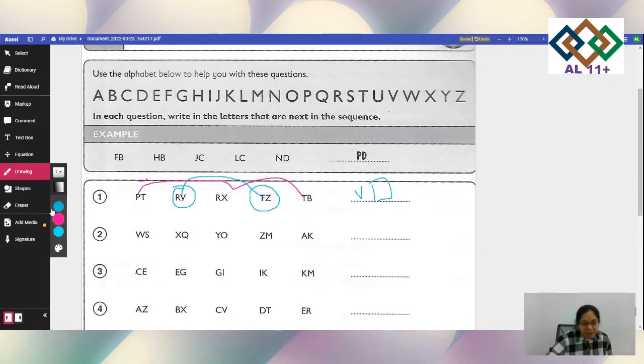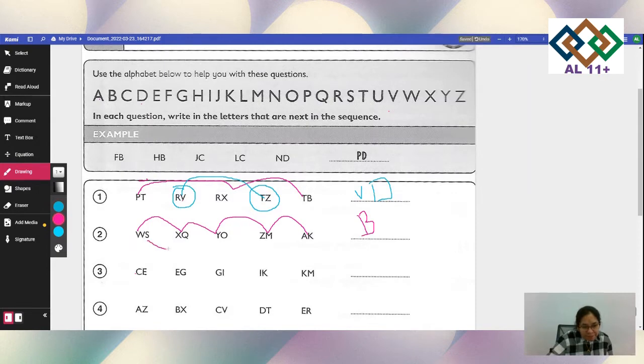So let's do number 2 now. W to X, X to Y, Y to Z, Z to A. So it's going 1 forward. So from A to B. That would be your first one.